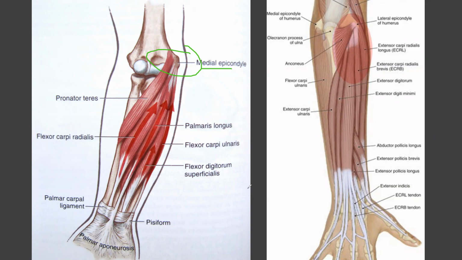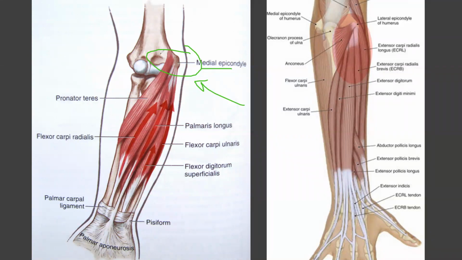All right, so first off, where's your medial epicondyle at? Other than muscles and tendons, what else is there that we talked about? The MCL of your elbow, basically. Your UCL, ulnar collateral ligament.